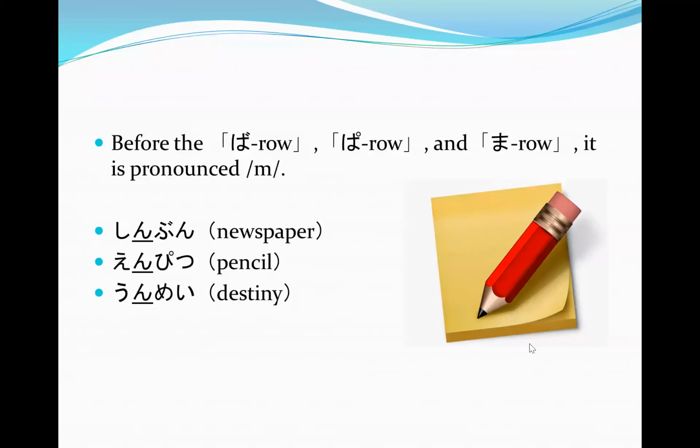Unmei. Destiny. Now, I'll say the English term and then you'll be responsible for saying the Japanese term. Are you ready? I'll give you a few seconds before I give you the right answer. Let's start. Newspaper. Shimbun.